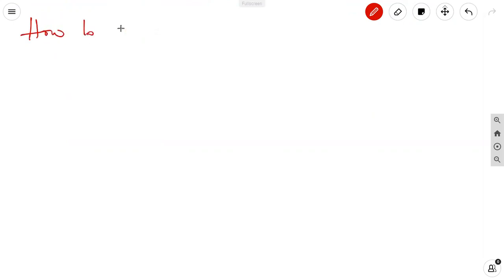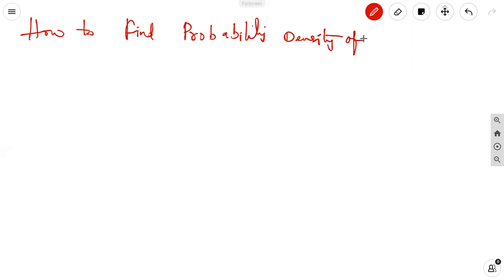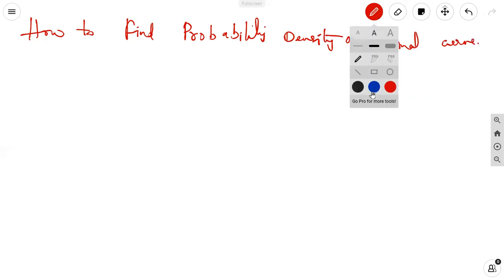How to find the probability density of the normal curve. Here we can just remember how we are taking the area.